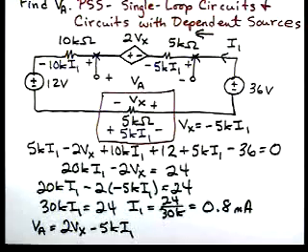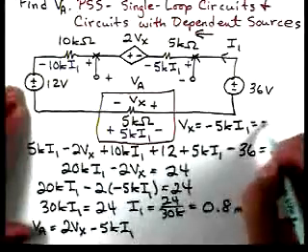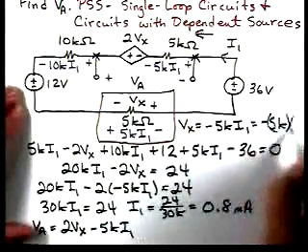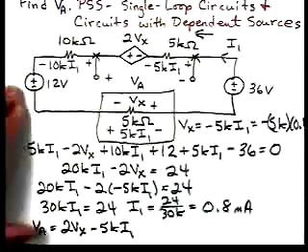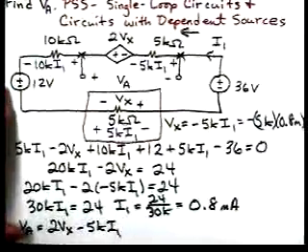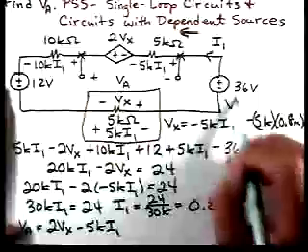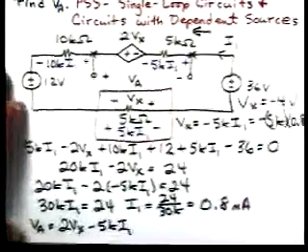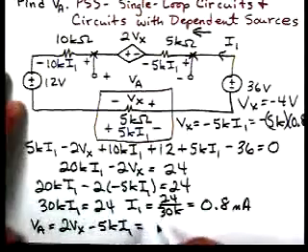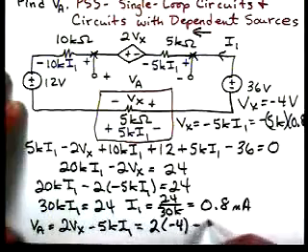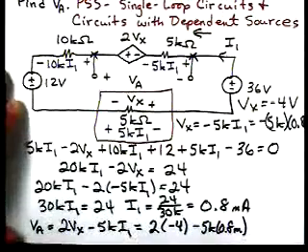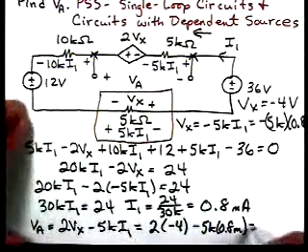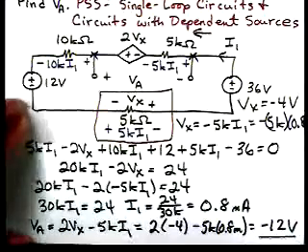Now Vx is minus 5K times 0.8 milliamps, which says that Vx is minus 4 volts. So now we have 2 times minus 4 minus 5K times 0.8 milliamps, and that turns out to be minus 12 volts.